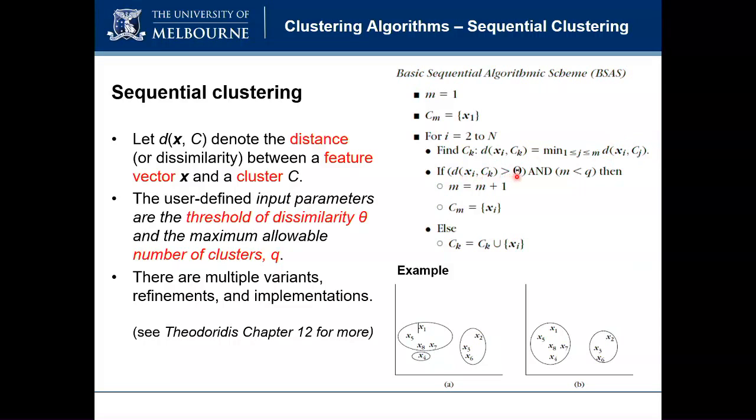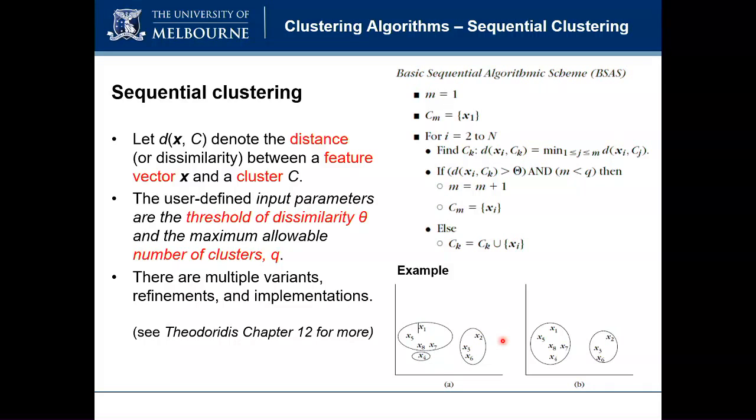Then if that distance is greater than the threshold and I don't have enough clusters yet, I make this point a new cluster. Else, if it's close enough to one of them, I add it to that cluster. And I do this over all the points. Then depending on how you start, you may end up with certain groups because of this. So it's a really straightforward idea.